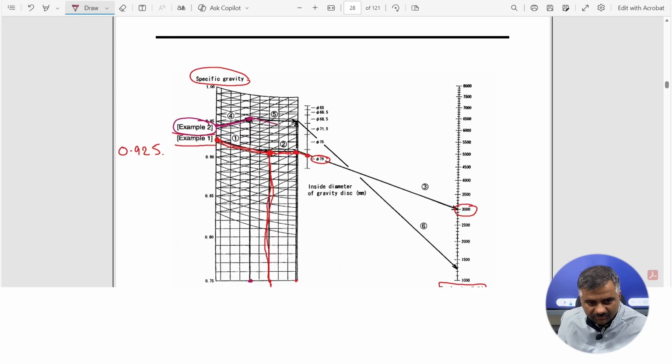Now we will take a falling curve again. Just a second. So we take a falling curve here, a falling curve like this. Now we match it at 98 degrees centigrade here.